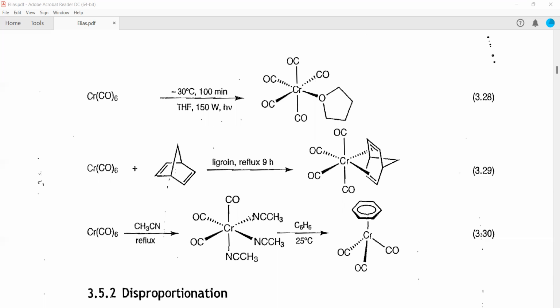In a similar way, this alkene moiety can knock out two, because there are two binding sites. If it is bound by two binding sites, then it makes a chelated complex, which is far more stable than the non-chelated complex, and that is the driving force here to knock out two carbonyls. But for this, you need reflux condition for 9 hours.